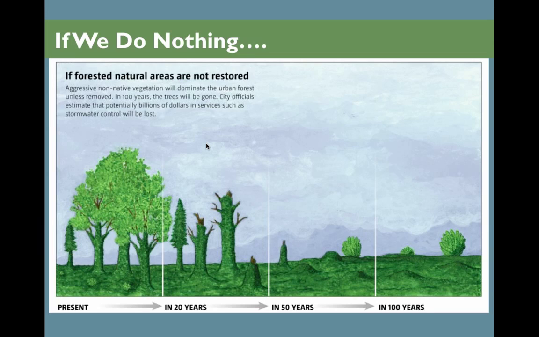And as those trees age and come down and the invasive plants take over, we're not having that natural regeneration. And so what we're looking at over the course of 50 to 100 years is a scenario where we're sort of left with blank hillsides and we lose all those trees in our natural areas. And when we lose all those trees, we lose all those benefits that those trees provide to all of us as residents in a city.